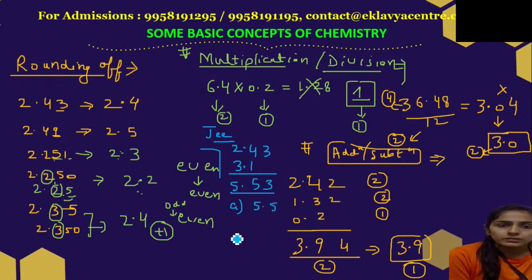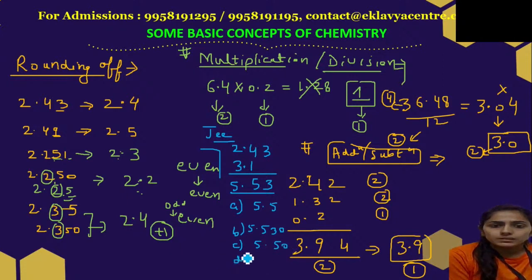A is 5.5, B is 5.530, C is 5.50, and D is 5.53. I have told you the rule, so now you can simply apply it.